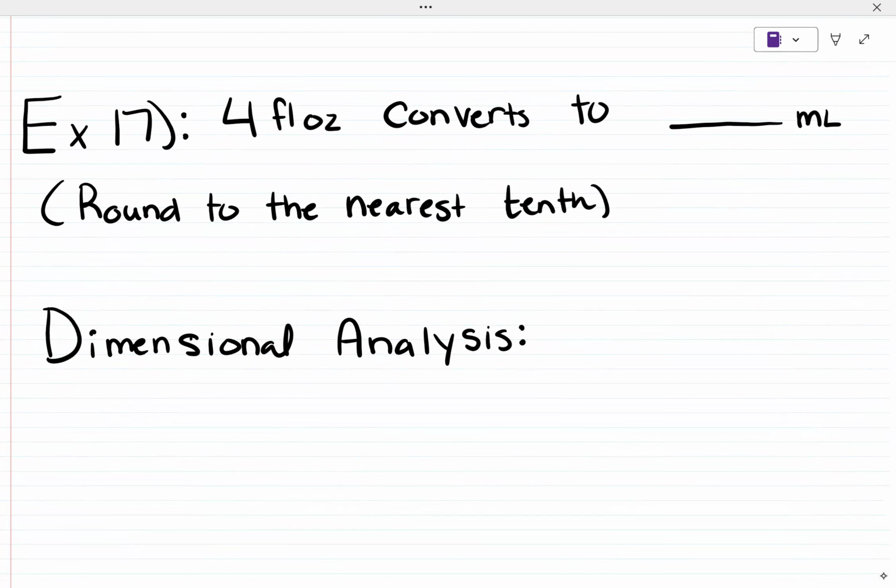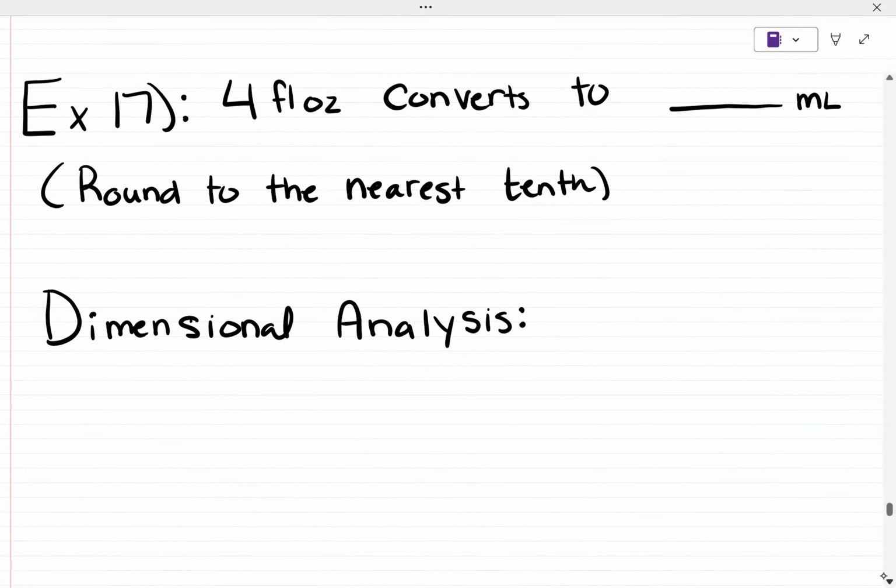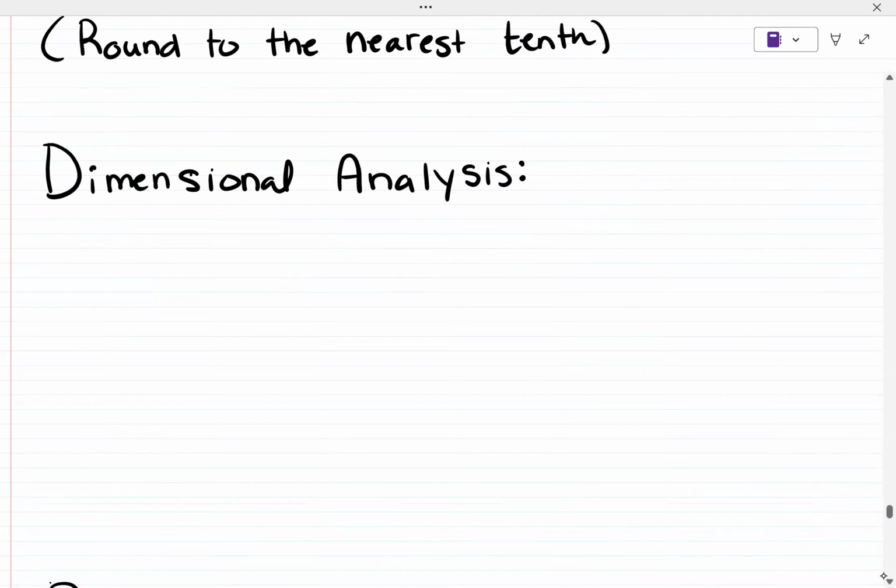Okay, let's start with 17. We have 4 fluid ounce converts to how many milliliters? The direction says round to the nearest tenth. So we can start with dimensional analysis. We are given 4 fluid ounce times fraction, fluid ounce on the bottom and milliliters on the top.